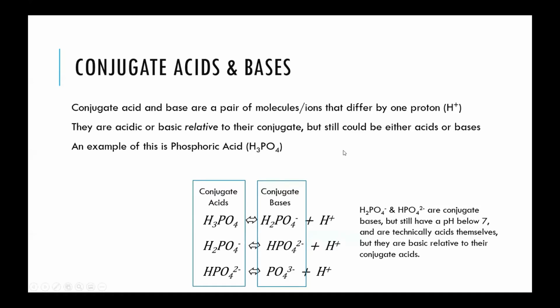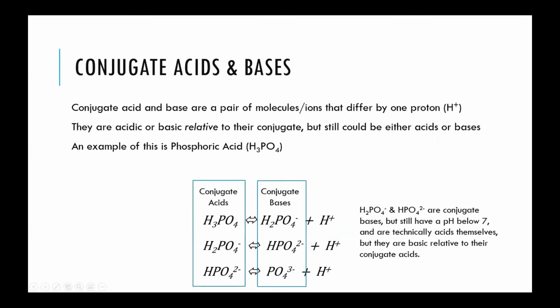Now, I mentioned a bit ago the acid and its conjugate base. Conjugate acids and bases are pairs of an acid and a base. The terms conjugate acid and base do not mean that they are acidic or basic in absolute terms, but that they're acidic and basic relative to each other.